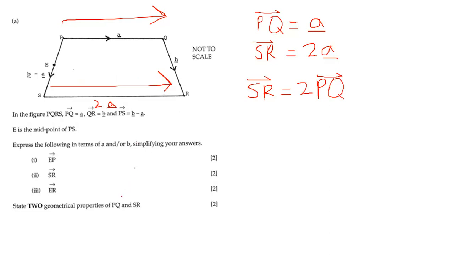But now we got to be careful because all they ask us for is the geometrical properties of PQ and SR. They're not talking about the vectors PQ and SR, but they're talking about the line segments PQ and SR. So we can't talk about the direction of these line segments, but we can talk about the direction of the vectors.